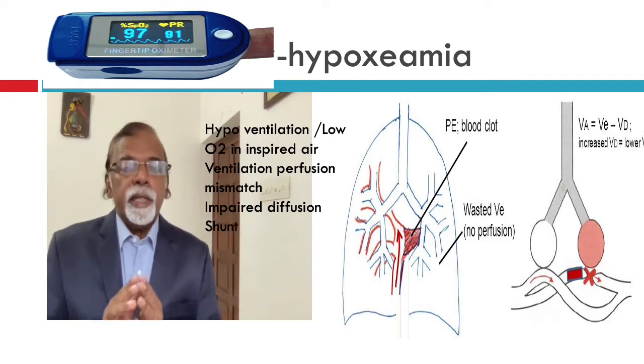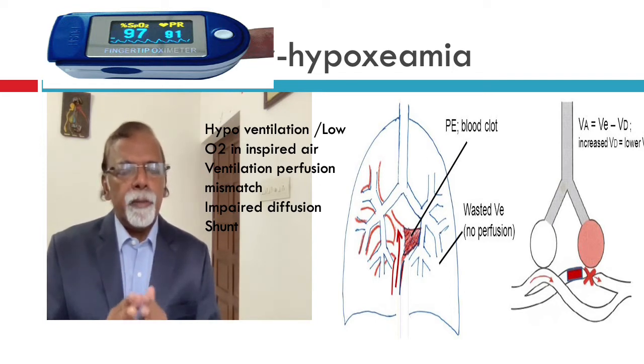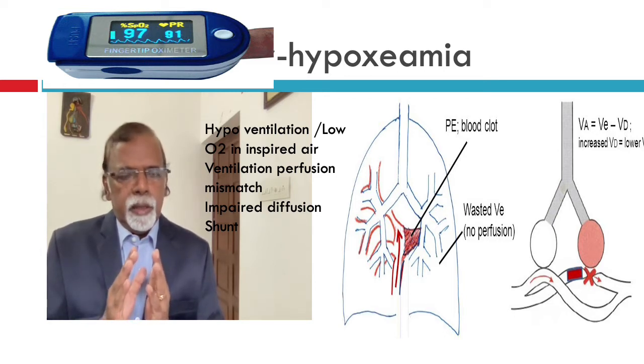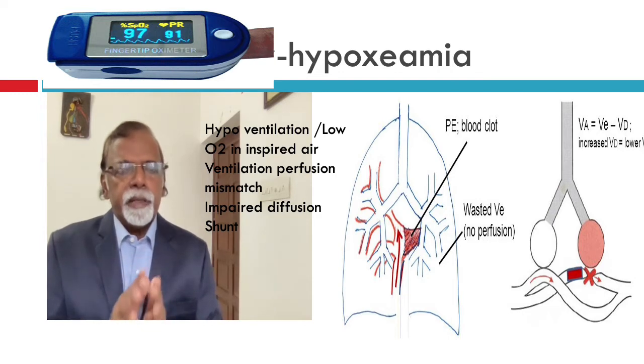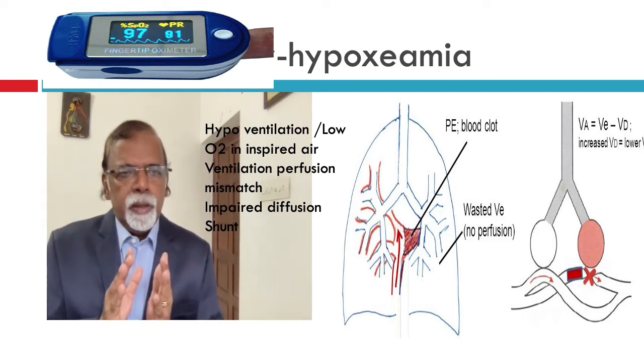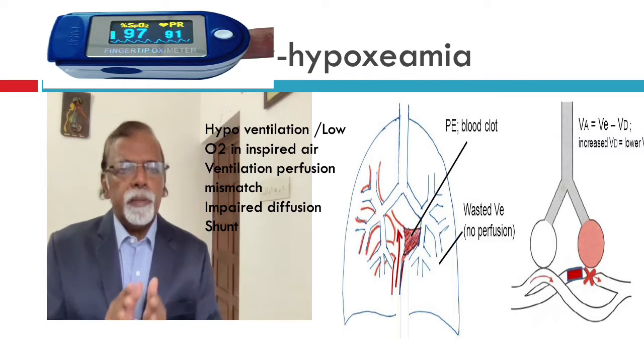And finally, cardiac lesions like the shunt lesion, right to left shunt, congenital cyanotic heart disease, or Eisenmenger syndrome, that is left to right shunt becoming right to left, the patient becomes cyanotic because of the intracardiac shunting.